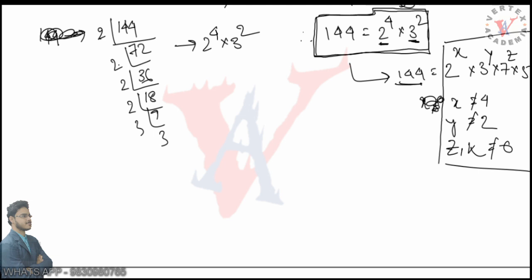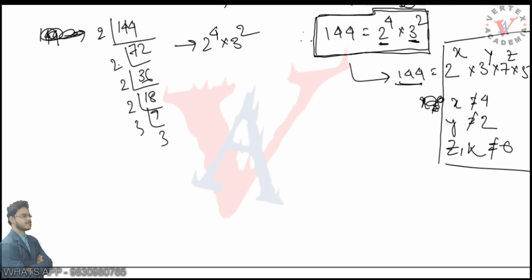If we take x as any value other than 4, for example x as 2, so 2 square into 3 square, then we will not be able to find any other combination to fulfill the factors of 144. And z, k not equal to 0 means anything to the power 0 is actually 1.